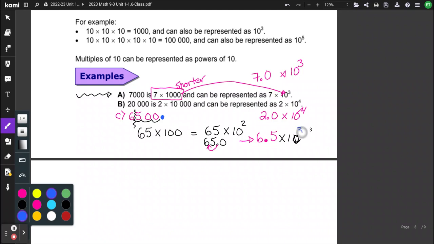So this 3 says I moved the decimal 3 places left. And it's important that it goes left. So we have a hiding decimal on the far right, and I'm moving it left. Okay? That's what's going on.